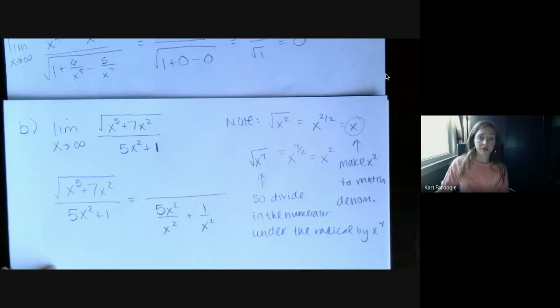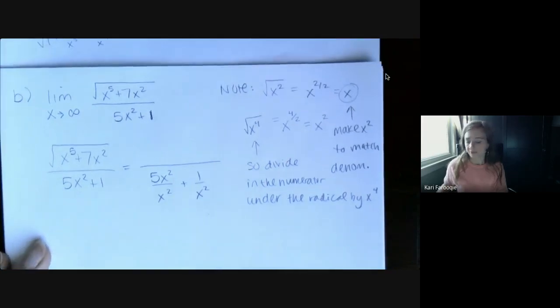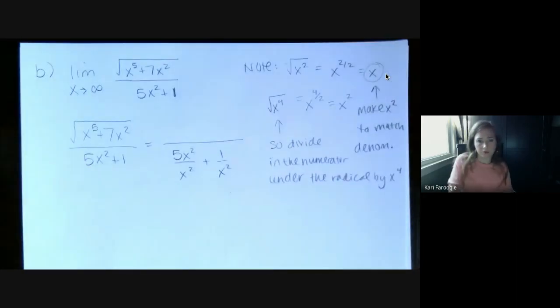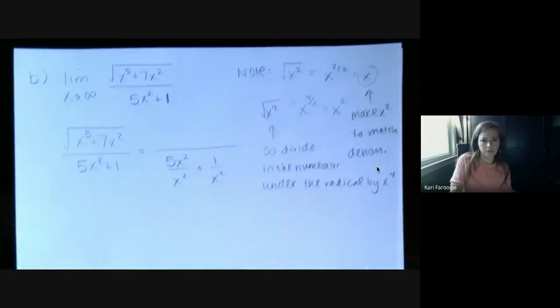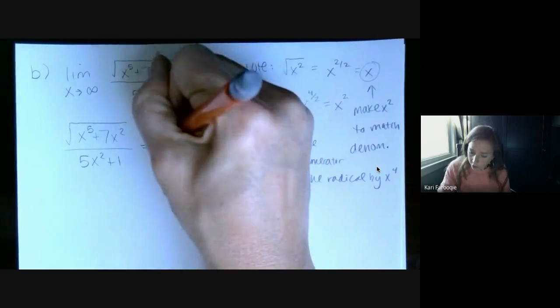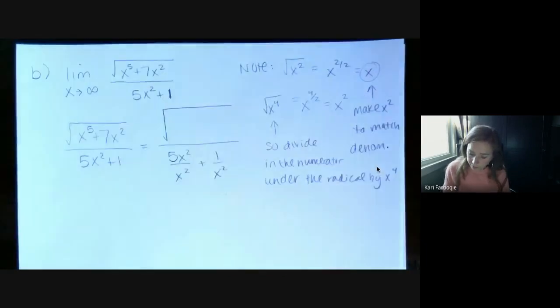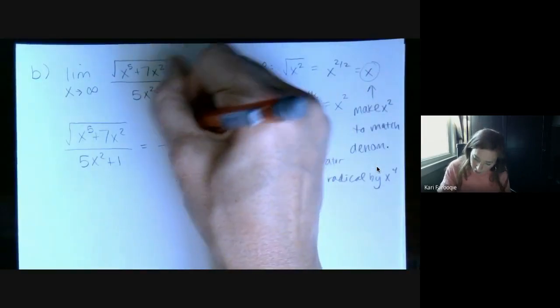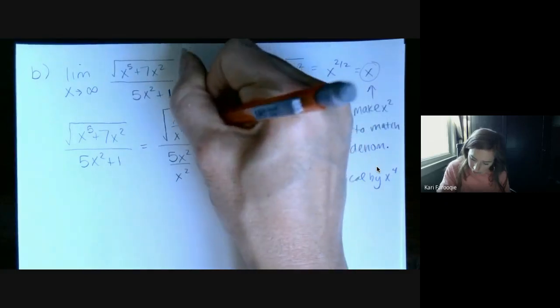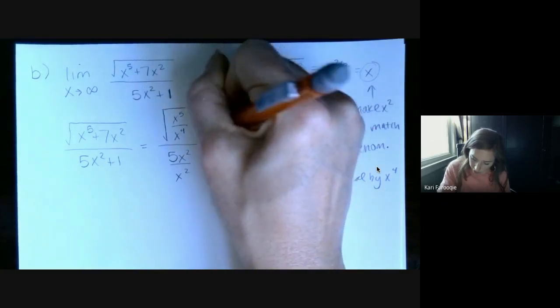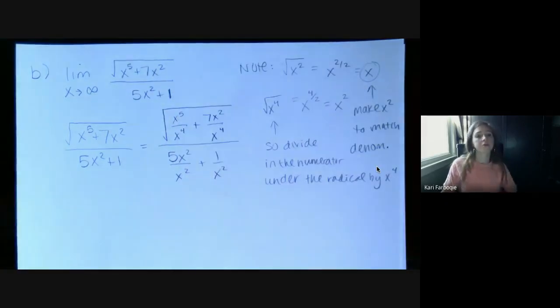Because then I'll be taking the square root of x to the 4th, which is equivalent to saying x squared. So we're going to write our radical. I'm going to write x to the 5th divided by x to the 4th plus 7x squared divided by x to the 4th.